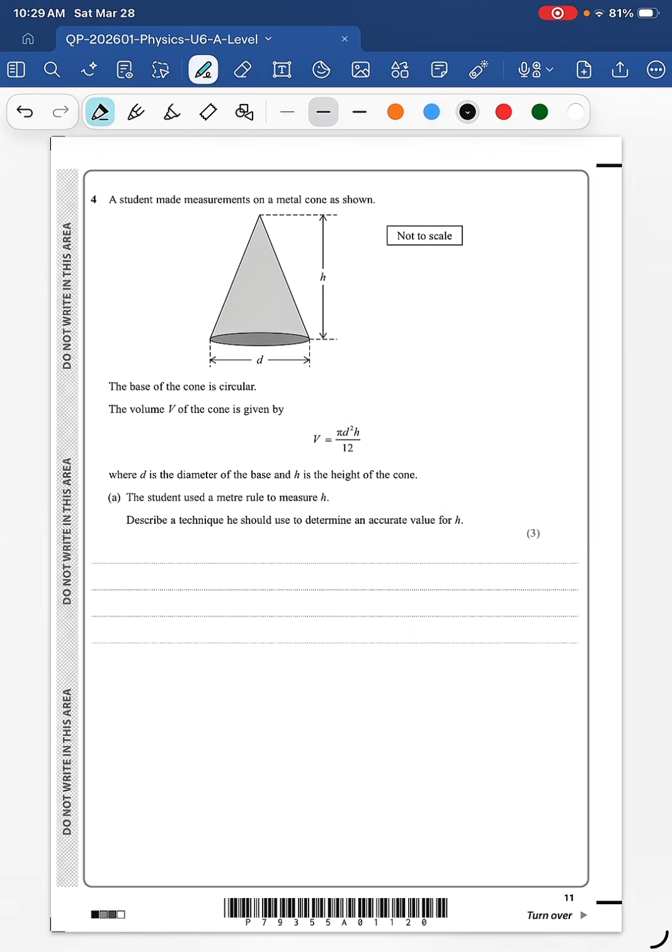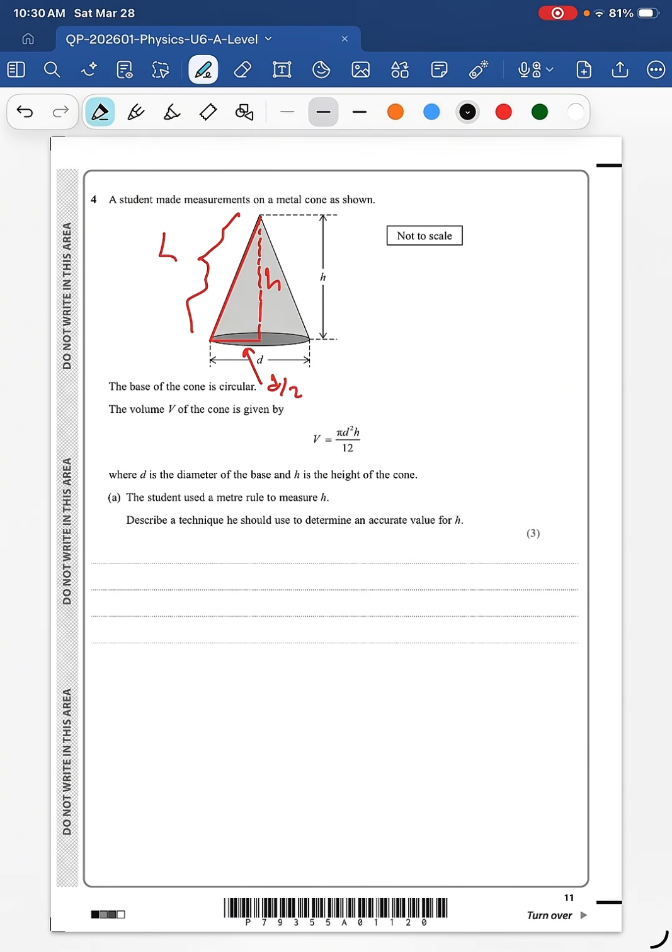The way I thought about this is that you can define, let's call this side of the cone L. So this is L, and notice that this is a right triangle, and h is one of the sides, and the other side is d over 2.